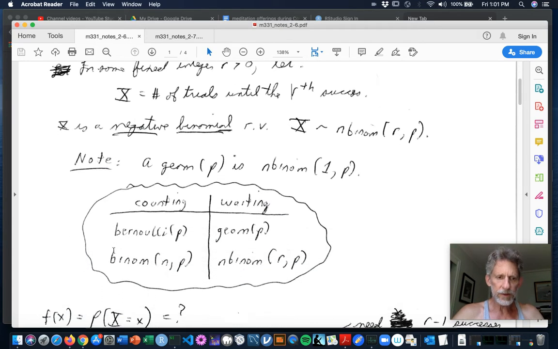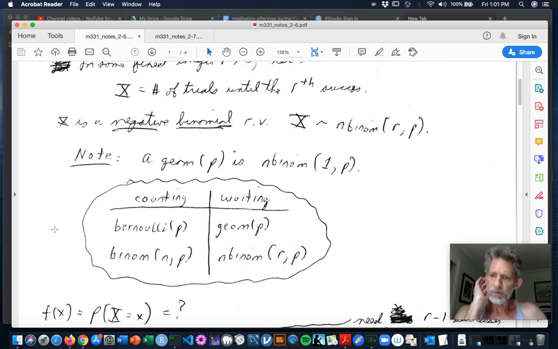In fact, we've got 4 random variables up now that it's worth comparing. Where I'm circling here, we've got 2 counting random variables. Bernoulli, which is focused on just one fixed trial, and you count whether or not you got a success, 1, 0.